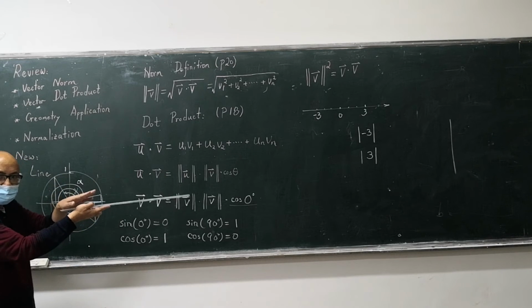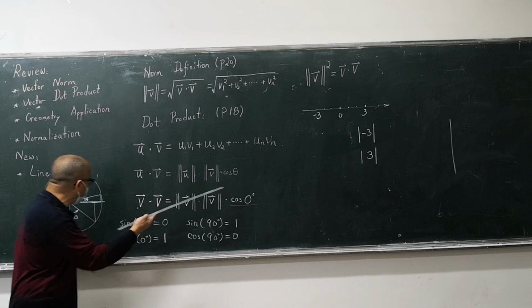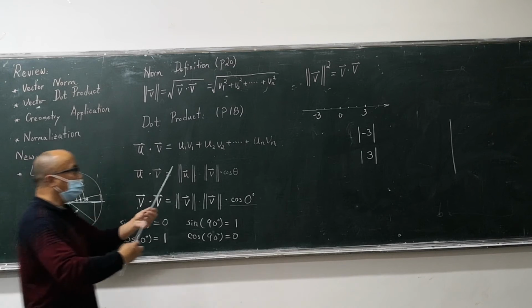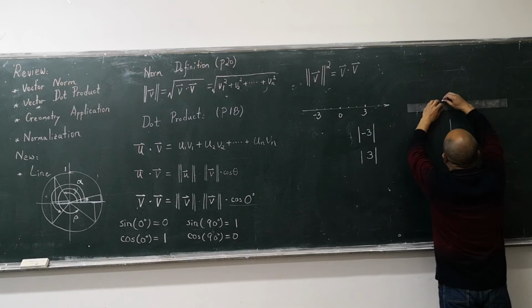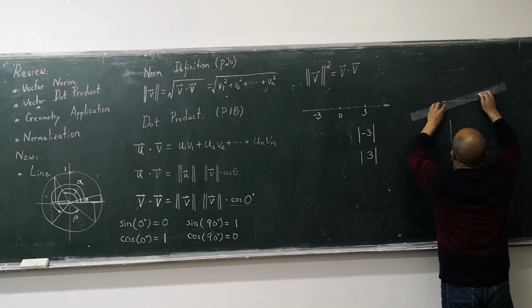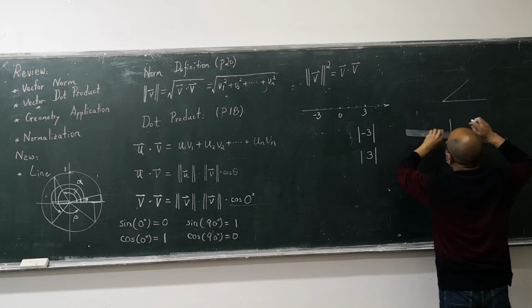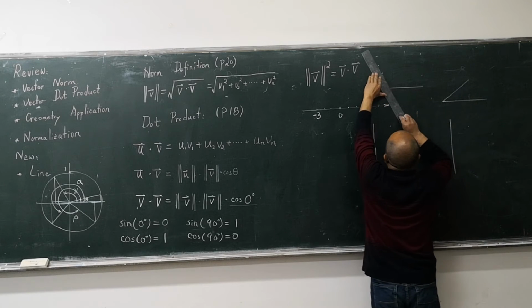Acute. And if you find this is negative, then it is obtuse, over there. So they were asking whether the two vectors are in this or in this.